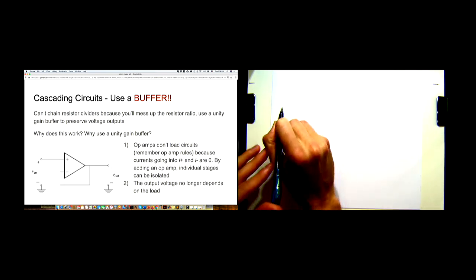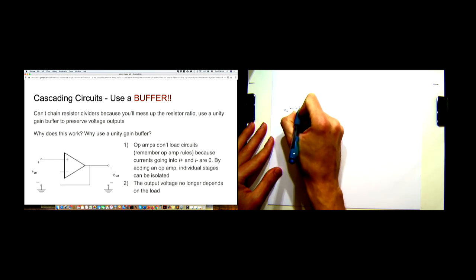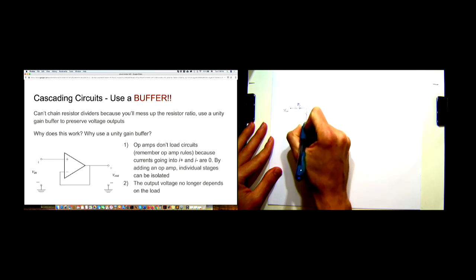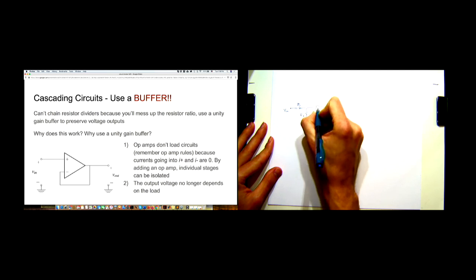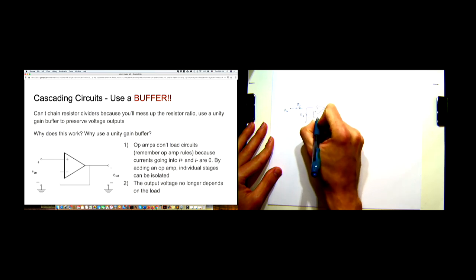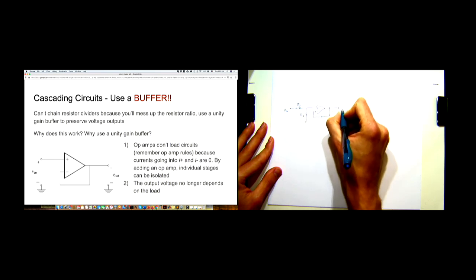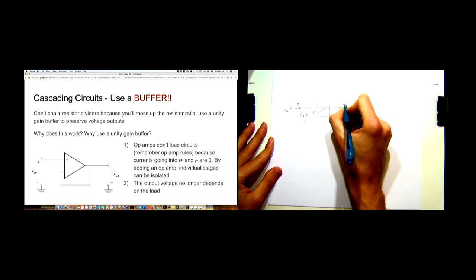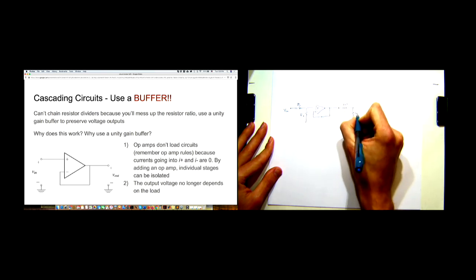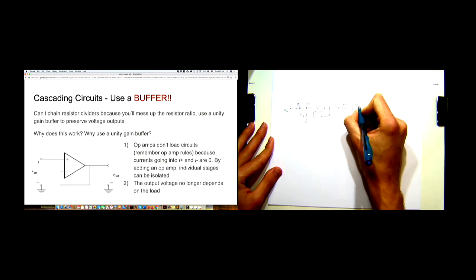So you have Vin, R1, R2, and then this is 2K, 1K, and this is now Vx and Vy.